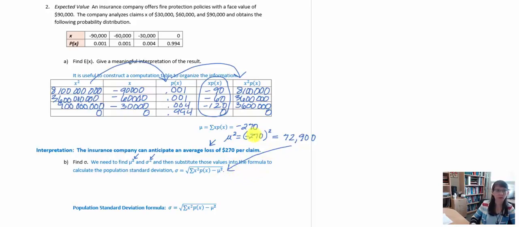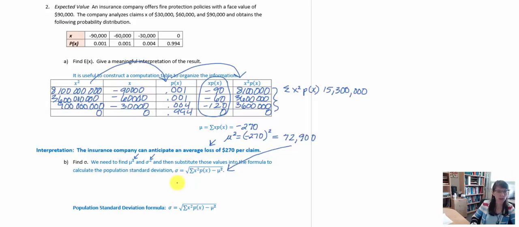For mu squared, and we know that the sum of x squared px can be found by adding the values in this last column. So our sum of x squared times the probability of x is found by adding this last column, and that will give us 15,300,000. So that is the substitution for the sum of x squared px.